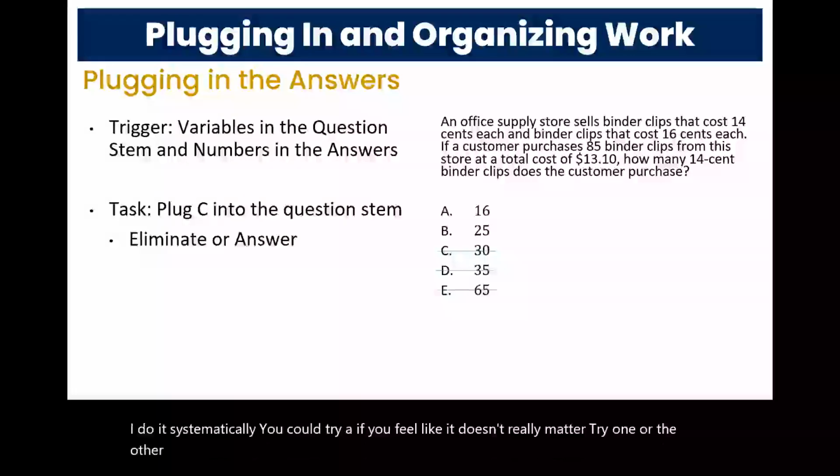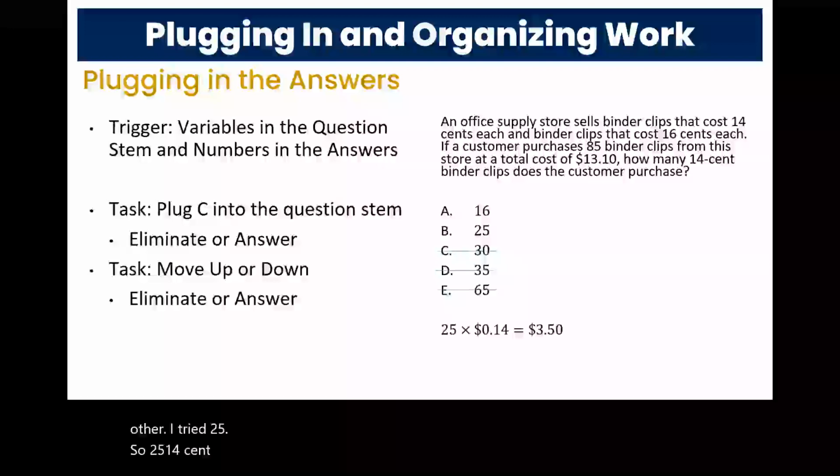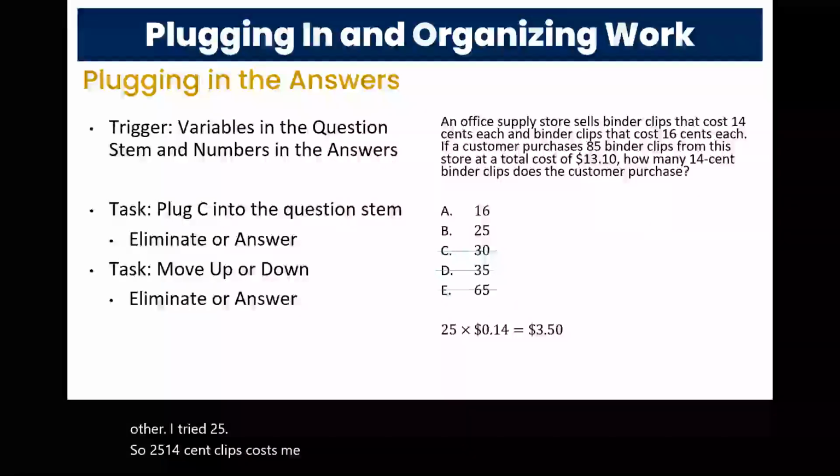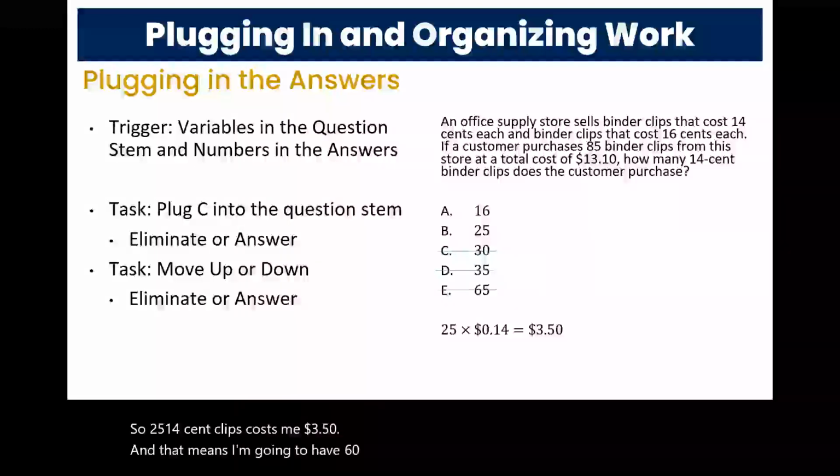I tried 25. So 25 14-cent clips costs me $3.50. And that means I'm going to have 60 clips at 16 cents, which was $9.60.